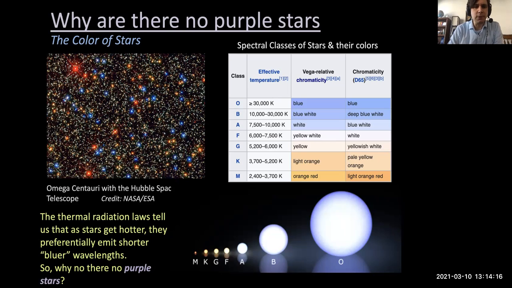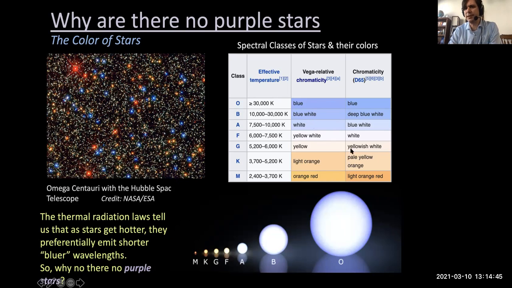So this globular cluster of stars, you take a look at it, you see that some stars are red stars, some are orangish stars, some are blue stars, some are whitish, and these are the colors of stars that you see. These are our spectral classes of stars, which are basically just how we categorize stars based on what their spectra look like. And then we can map that to color, which is dictated by the black body part of their spectrum.